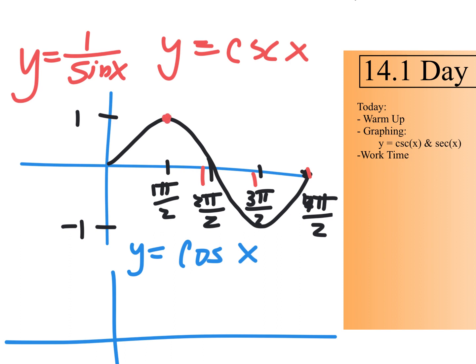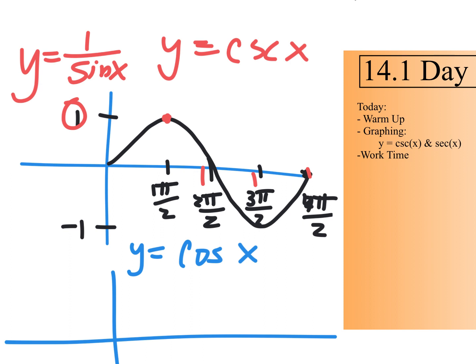Would you agree that that spot right there, if I do 1 over it, then that's going to take 1 over 1, because its height right now is 1, and these are y values. Remember, it says y equals. So the y value there is 1. And if I put 1 over 1, it'll stay the same.